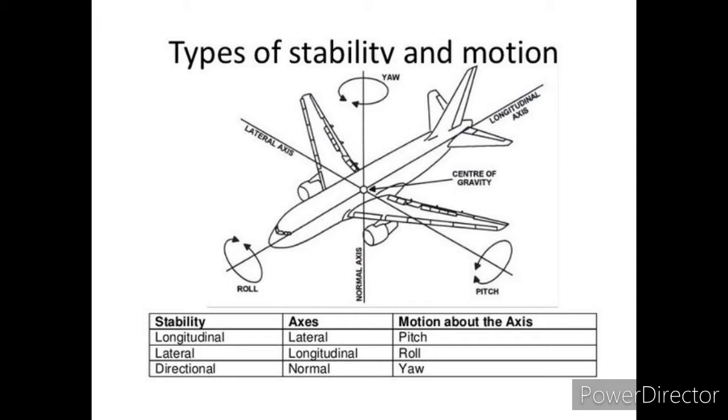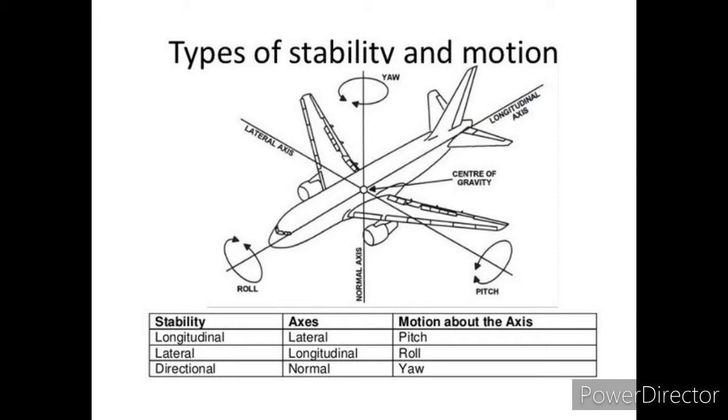Roll is exhibited while taking a direction change, and pitch is exhibited during takeoff and landing, because the angle of attack changes at those times. Yaw is also exhibited when the aircraft makes direction changes.